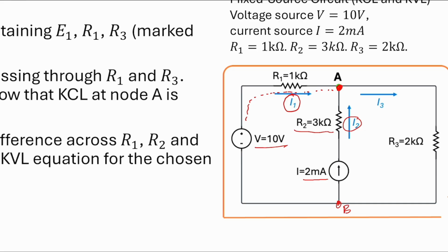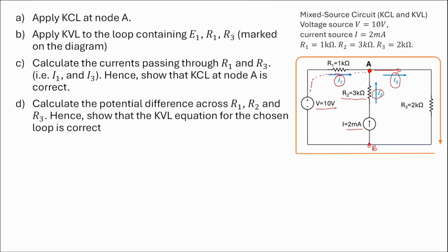It also enters node A. We can assume the current I3 will flow out from the node A. So the KCL says current flowing into the node, I1 plus I2, must equal to the current flowing out. And we can say I1 plus 2M equal to I3.